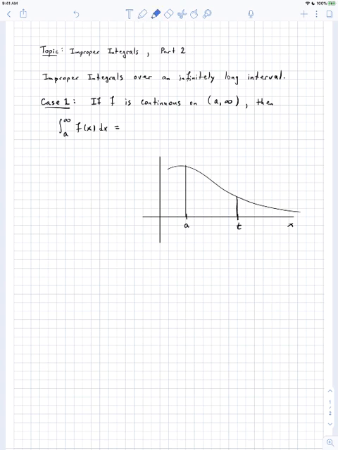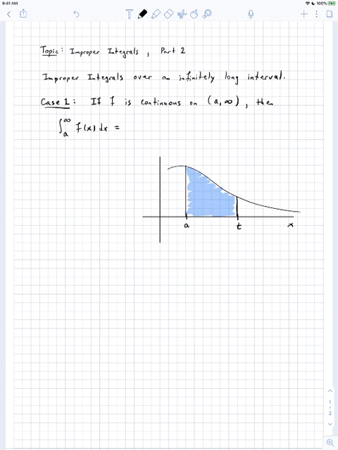In this particular case, because I've drawn a function which is above the x-axis, the definite integral is going to give us the area underneath the curve. This is something which is finite. You can see that it's in a bounded region, so it is finite. And it's something that we can compute using the fundamental theorem of calculus.